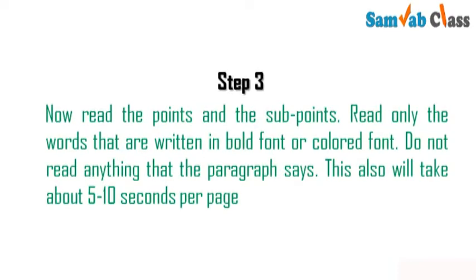Step number 3. Now read the points and the subpoints. Read only the words that are written in bold font or color font. Do not read anything that the paragraph says. This also will take about 5 to 10 seconds per page.